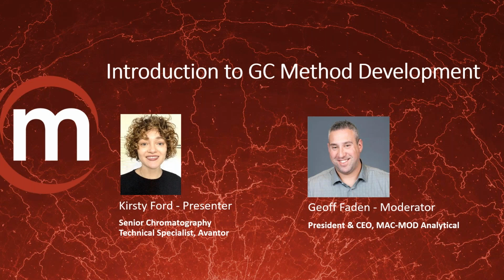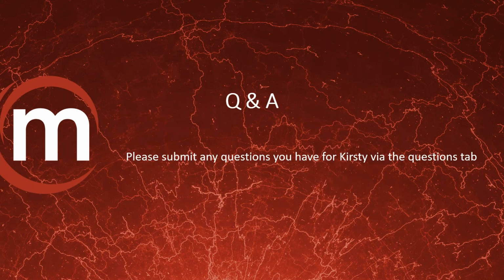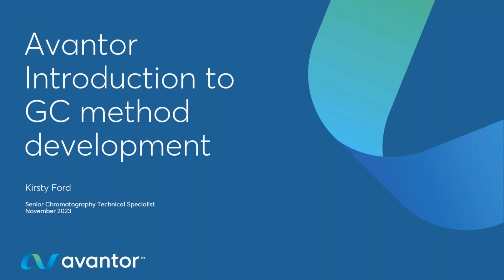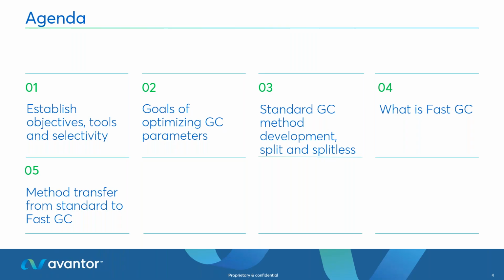So it should be on the screen now. Just let me know if you can see it. It just moved. Okay, it looks like it's okay for me. So it should be on the first Avantor screen. Can you just check that's on there, Jeff, for me? Yep, that's perfect. Ready to go. Perfect. There you go.